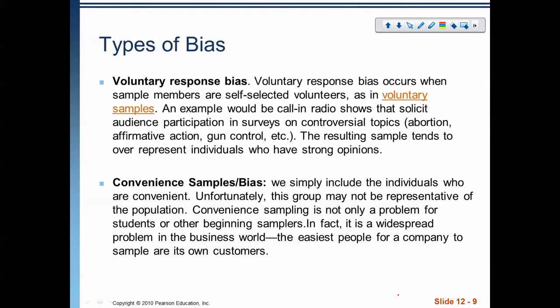The way that you guys would see this: if you had to do a sample for something and you were to just get online and go to your Facebook page and say, hey, how many of you are pro gun control and how many are anti-gun control? Every one of us would probably get very different results, because your friends tend to share the same opinion, right? If I were to ask a question on my Facebook page about gun control, the likelihood is that I'm going to get a lot of responses that are like my opinion, because the people that I tend to engage with the most tend to share the same opinion.